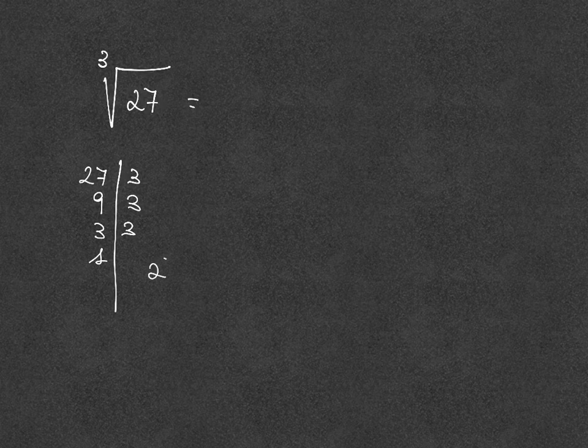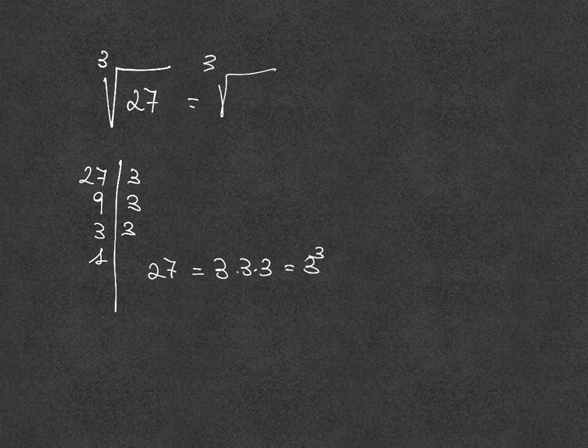So instead of 27, I'm going to write it like 3 times 3 times 3, which is 3 to the third. So as both of the exponents are the same, we can remove them and we get 3.